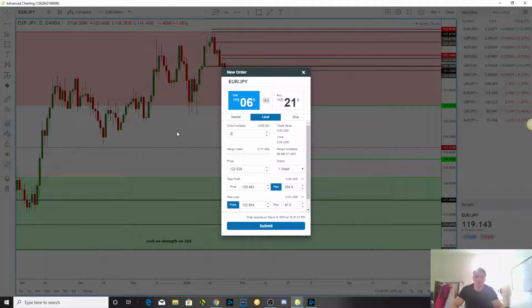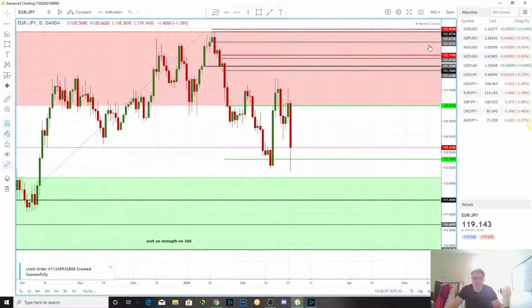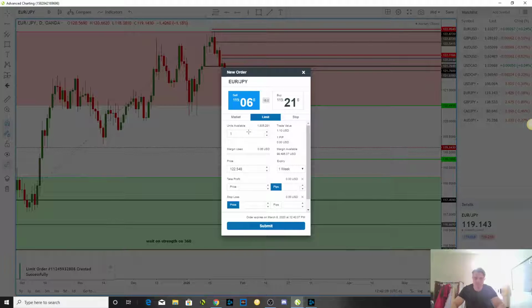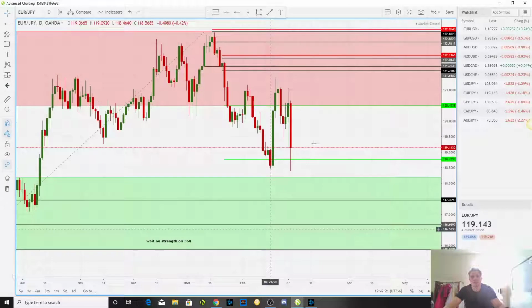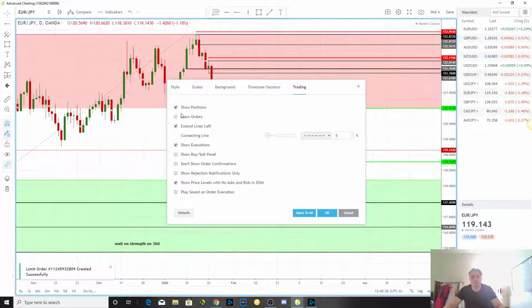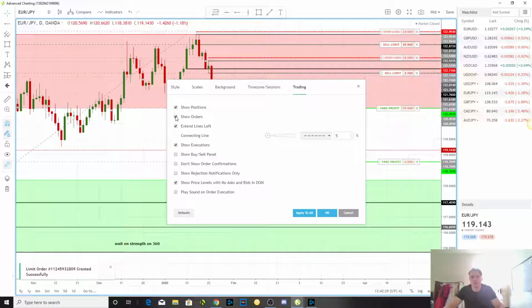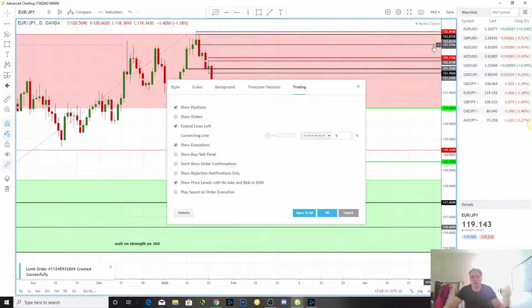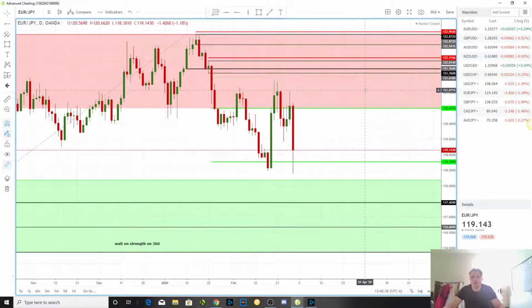To be 24 and 21. I just want to make sure I put the same entry points on that top one.